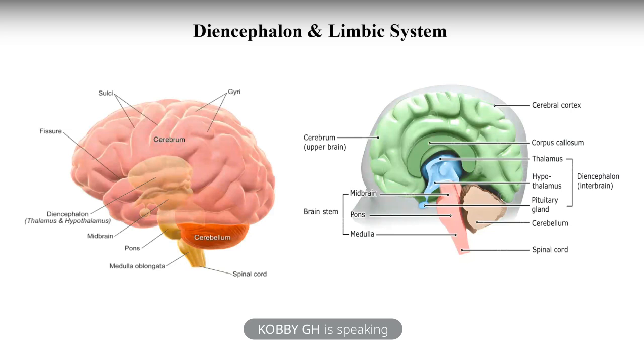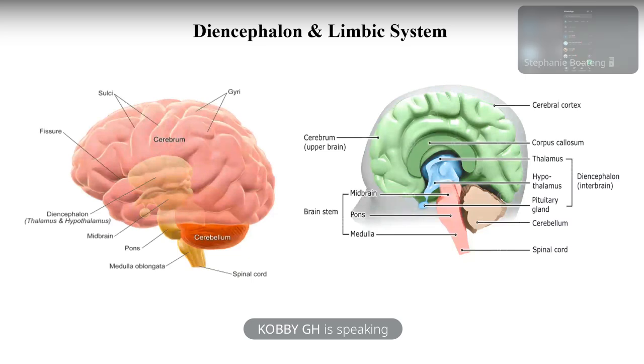So if we ask you the functions of the diencephalon, one, hormonal control, because we have some endocrine glands there, like the hypothalamus, the pituitary gland, the pineal gland, all of them part of the diencephalon.